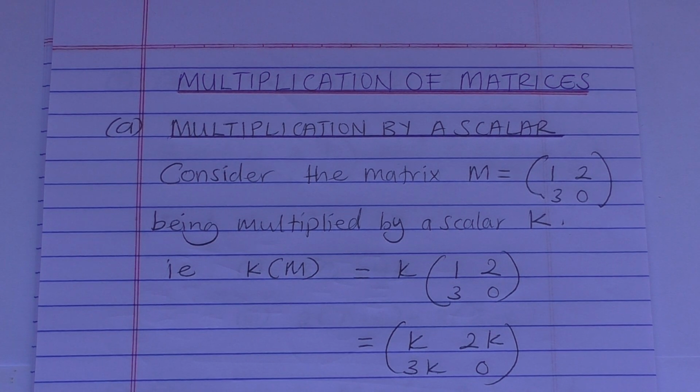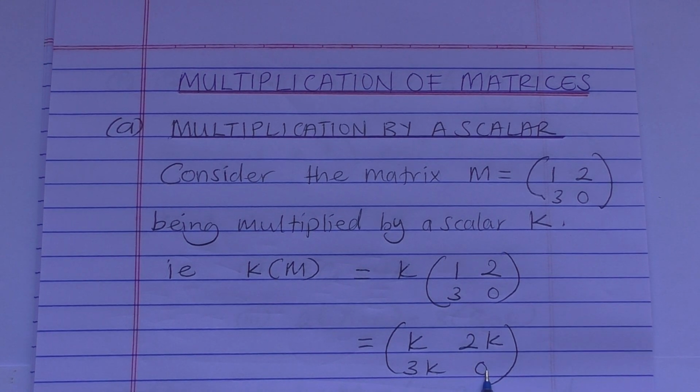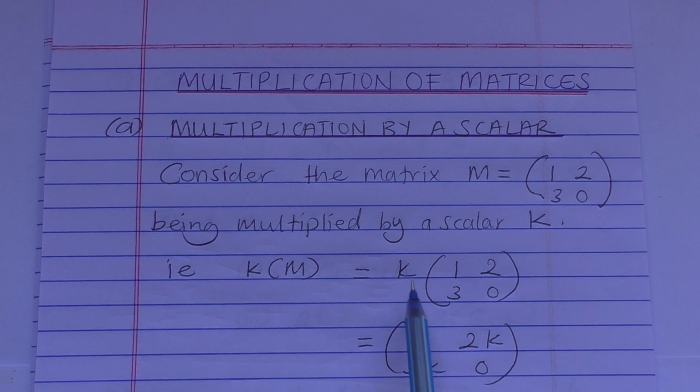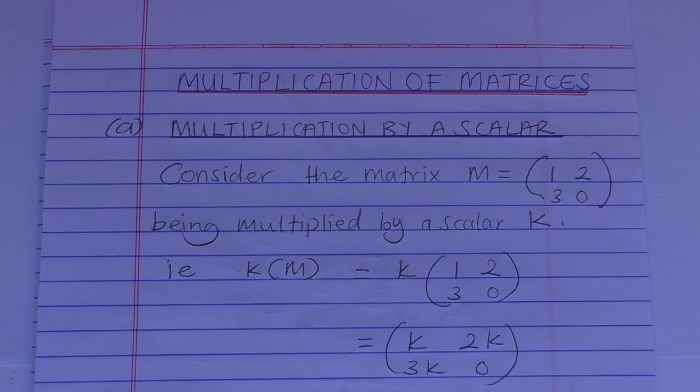So here the basic is, when multiplying a scalar by a matrix, the scalar multiplies each and every element of the matrix. As we've seen, k multiplied 1 to get k, it multiplied 2 to get 2k, multiplied 3 to get 3k, and multiplied 0 to get 0.